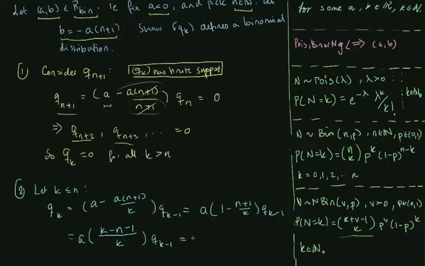And then I can take a minus outside, and I have minus a multiplied by (n minus k plus 1) divided by k, times q_{k-1}.